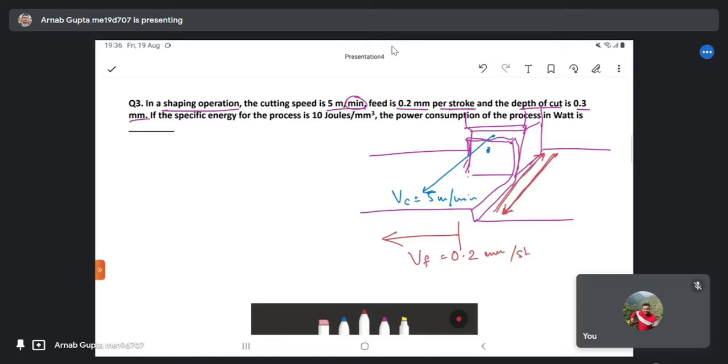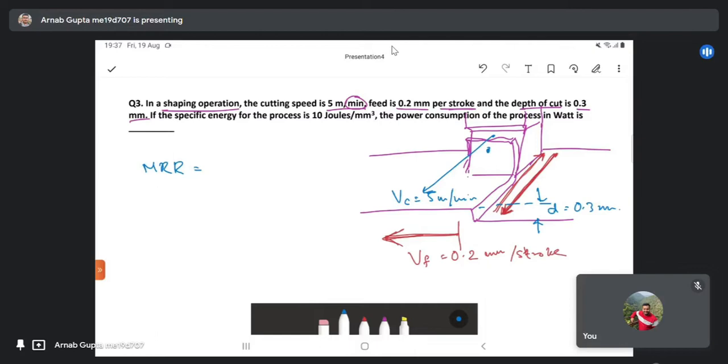So per stroke, which includes this forward and backward motion of the tool, the displacement that is imparted to the tool along the feed direction is 0.2 mm per stroke, and the depth of cut is d equal to 0.3 mm. So you have to find out MRR.